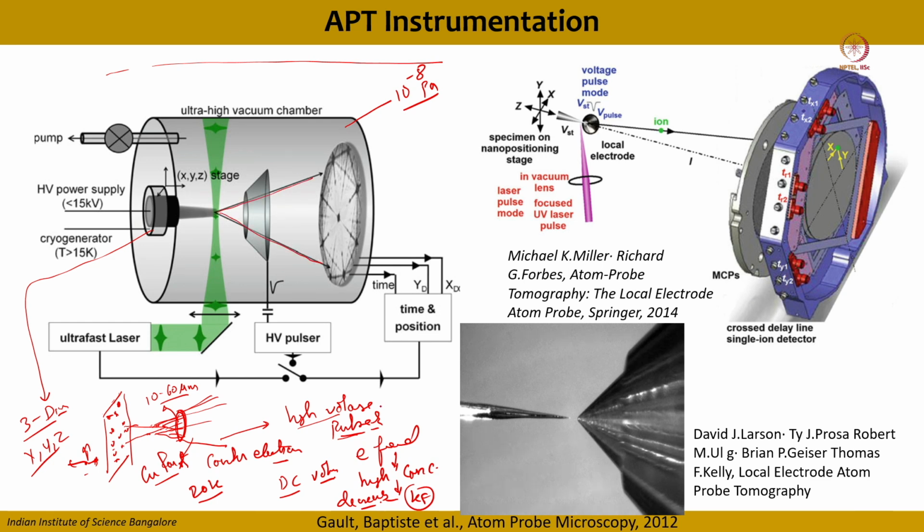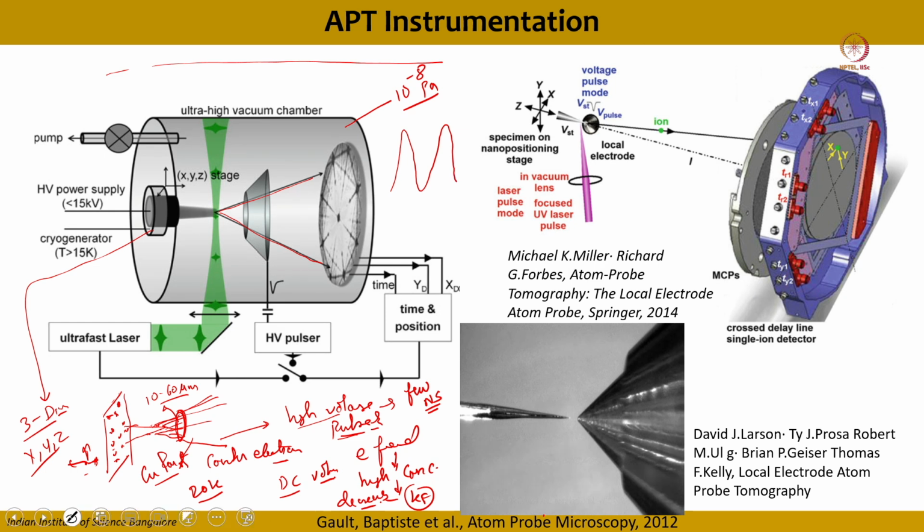This HV pulsing will last around a few nanoseconds. Okay, so HV pulsing means the voltage at a certain time goes up and goes down, goes up and goes down.